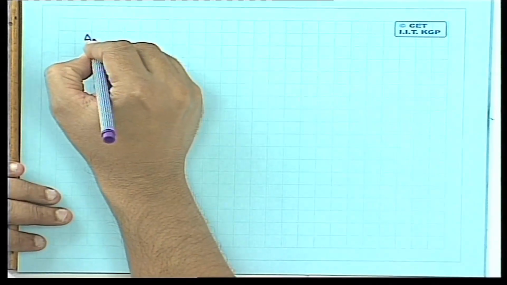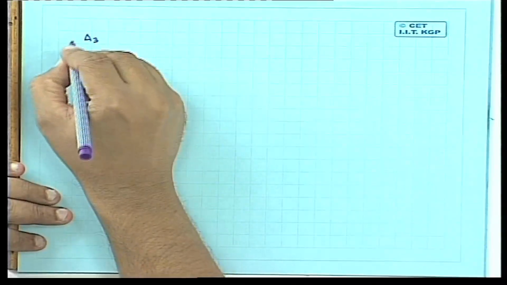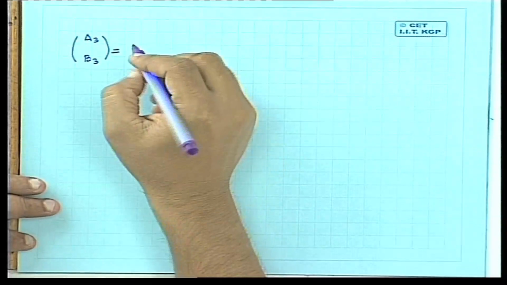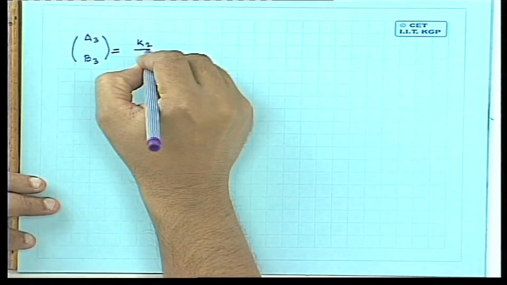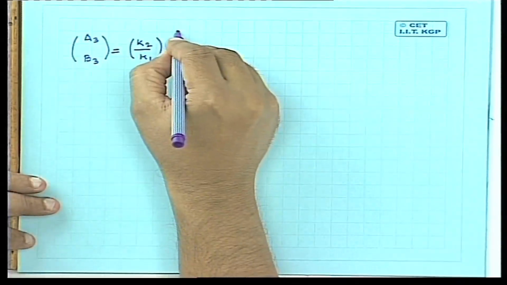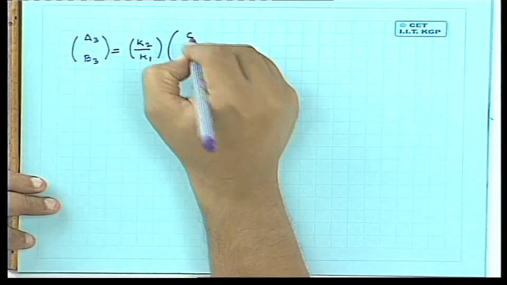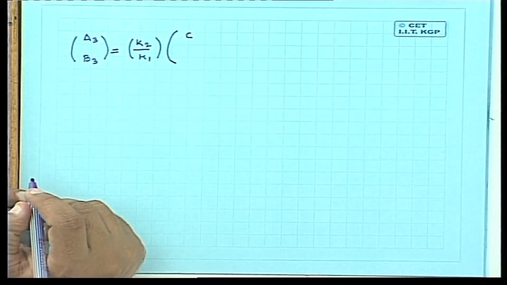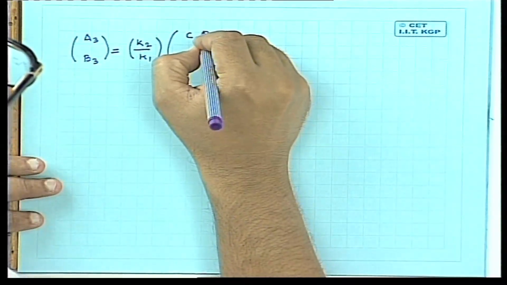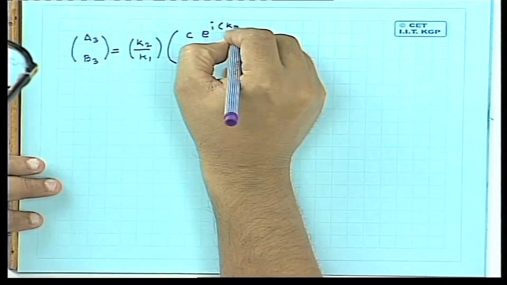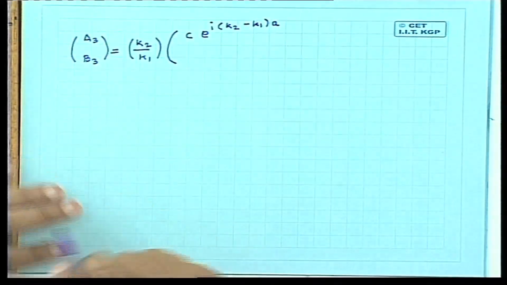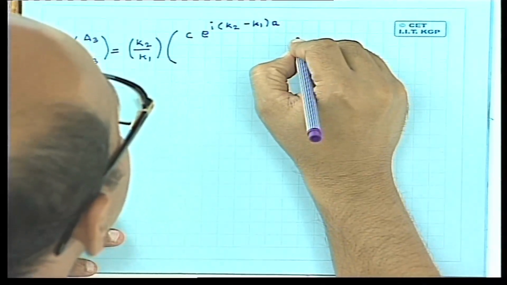So this relation now becomes A3 B3 is equal to, I can take the ratio K2 by K1 outside, K2 by K1 into, I have C, and then I have e to the power i delta 1, which is K2 minus K1 A, e to the power i K2 minus K1 A, and here I have D.